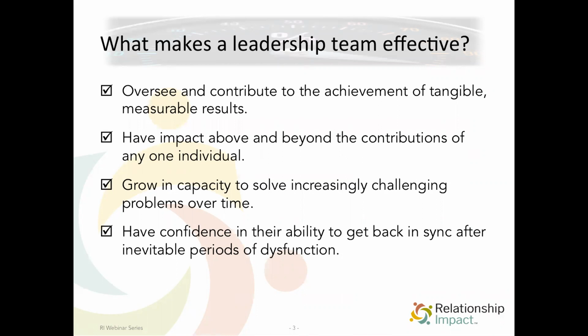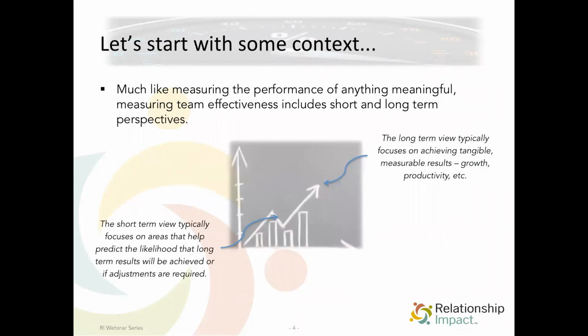So now, how do you measure all that? As we'll see here, it's not necessarily a black and white scenario. Let's start with a little context, like this slide says. As business people, we measure lots of things, from processes to sales goals to corporate performance.